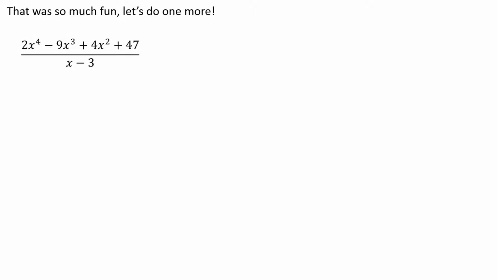Alright. Now, do you notice anything interesting about the numerator on this one? We've got some x to the 4th going on, some x to the 3rd going on. I see an x squared. Ooh, I don't see a plain old x. So when I set up for my long division, notice that I put a plus 0x in there, right?